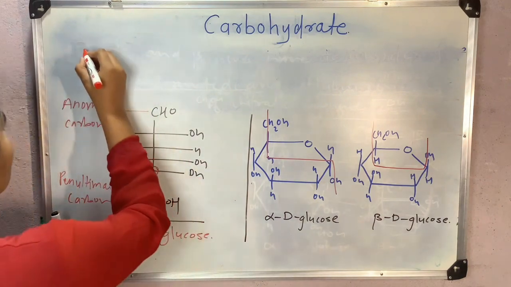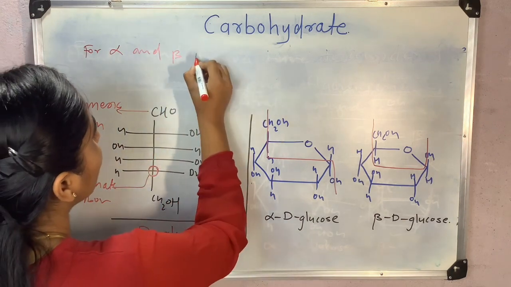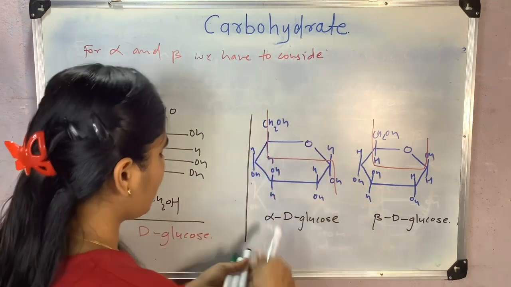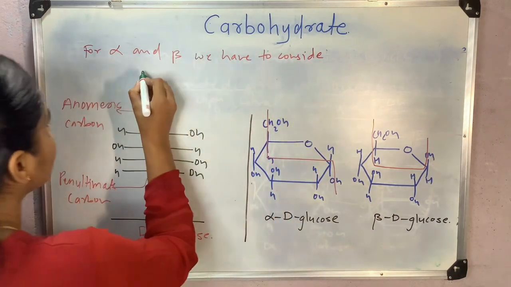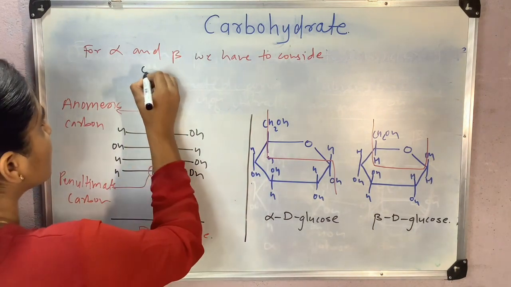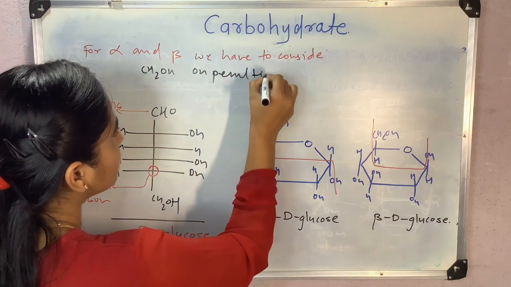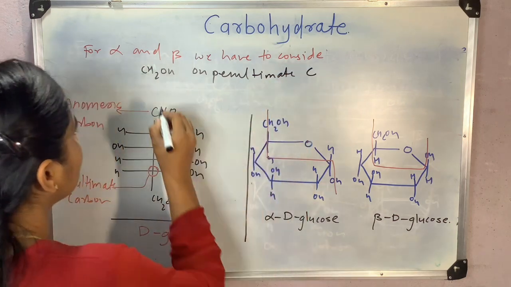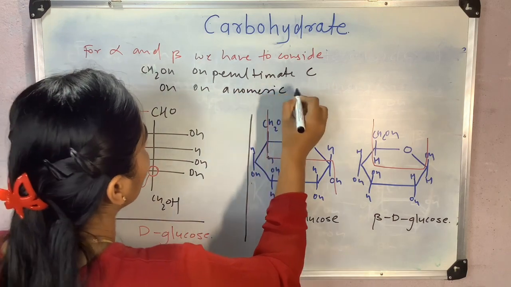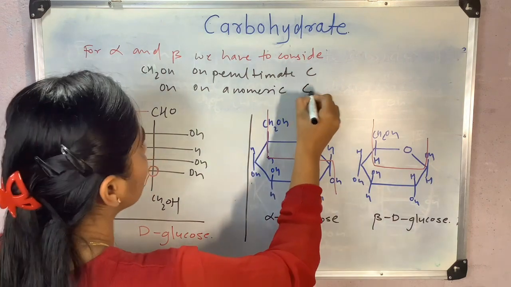Remember one thing: for alpha and beta, we have to consider the CH2OH on the penultimate carbon atom and the hydroxyl group on the anomeric carbon atom. From this we can know whether the structure is alpha or beta.